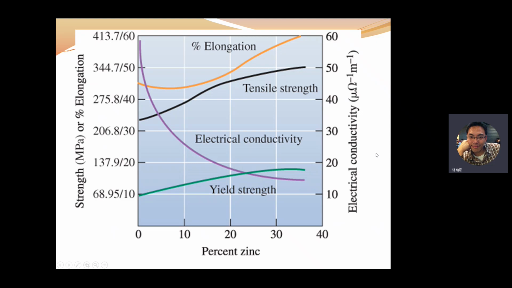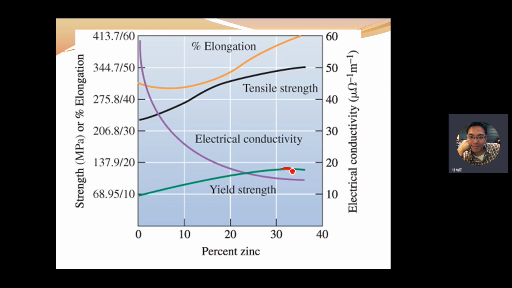So this figure shows the mechanical property corresponding to the percent of the alloy element, zinc in copper. The atomic radius of zinc is similar to copper. So we can see the higher the content of zinc, its yield stress keeps increasing, right? And its maximum yield stress is about 130 something, right here.